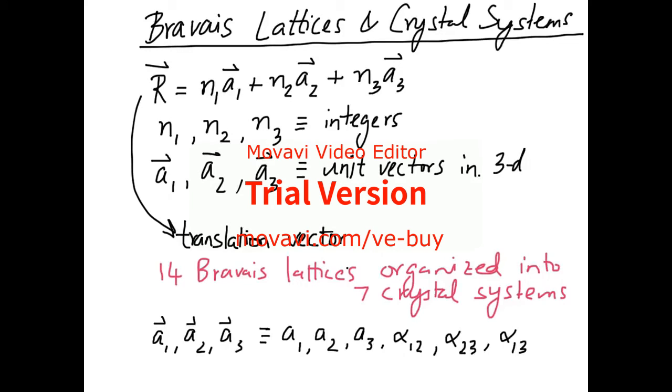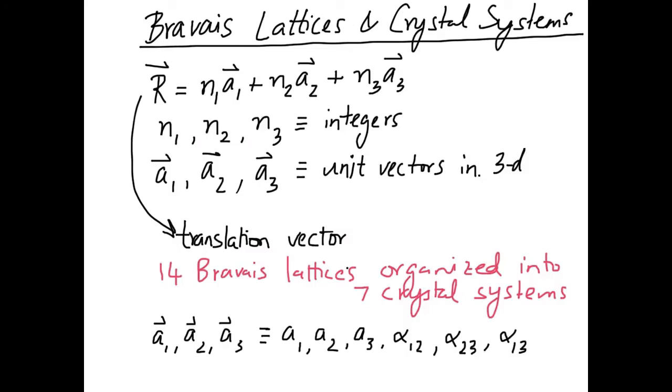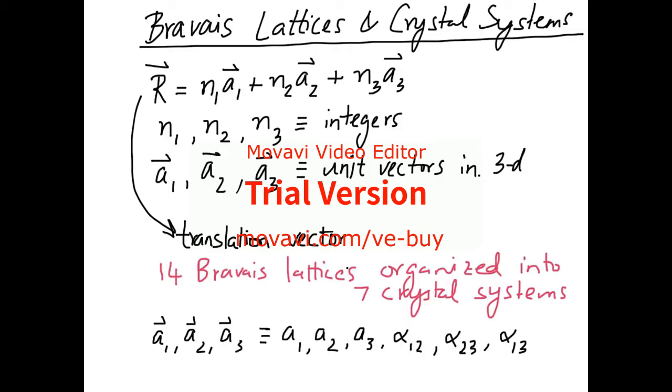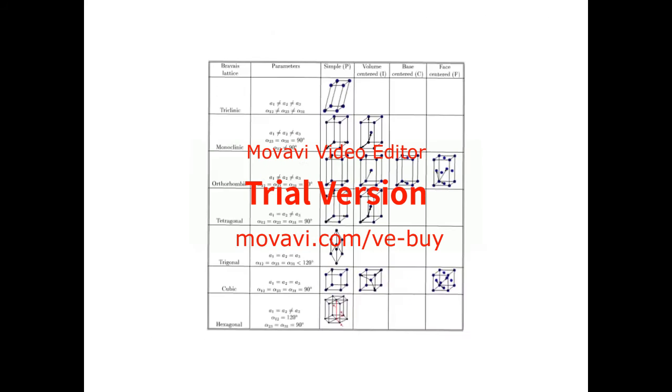With these definitions in place, we are now going to take a look at the 14 Bravais lattices and 7 crystal systems and see how these 6 numbers, the 3 alphas and the 3 A's, vary with respect to the choice of the crystal system or the Bravais lattice. So that's the next step.